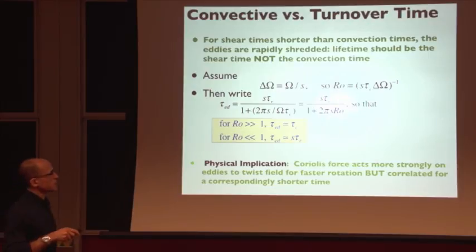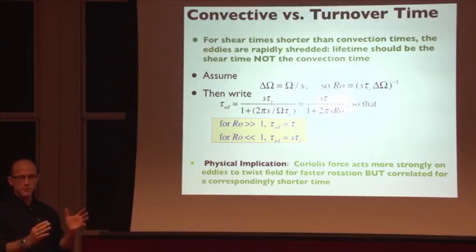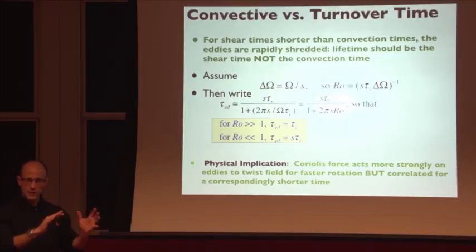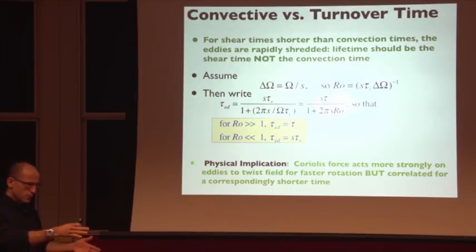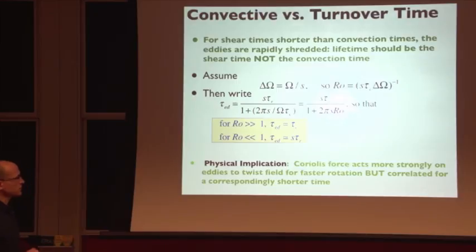I say shear time scale because you can imagine a rigid rotator that's rotating very fast as measured on the surface. If there's no differential rotation, this argument is less applicable. So I think there's a proxy. It's important that the surface measurements of rotation are actually a proxy for some kind of internal differential rotation in this characteristic, in the layer in which the alpha effect is produced.